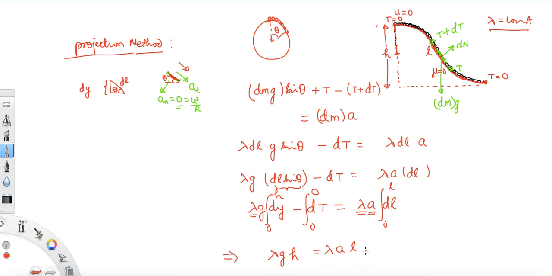After some time, when the chain has velocity, the acceleration of all parts of the chain will not remain the same. So lambda cancels and we have a equal to g h over L. That is our acceleration of the chain at the initial moment.